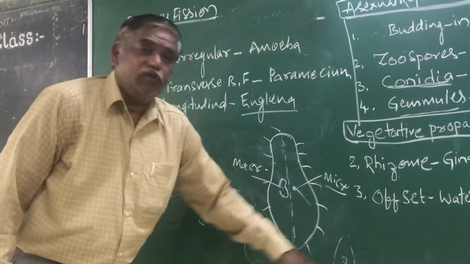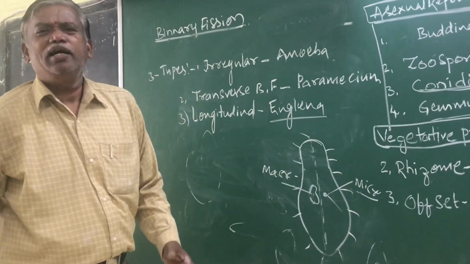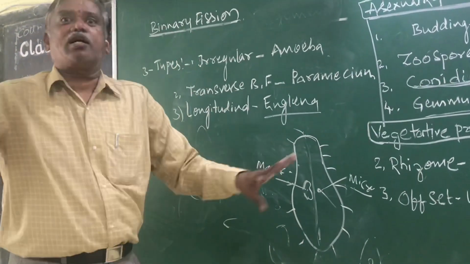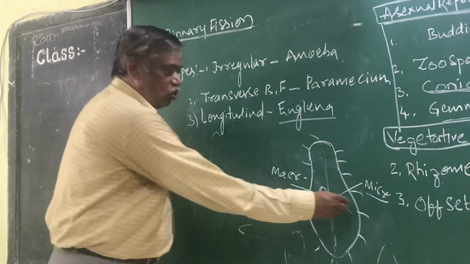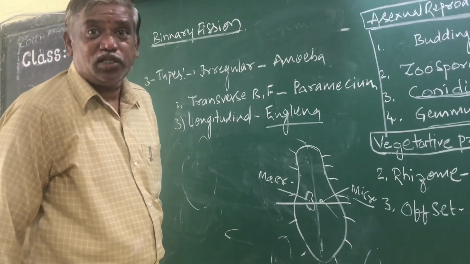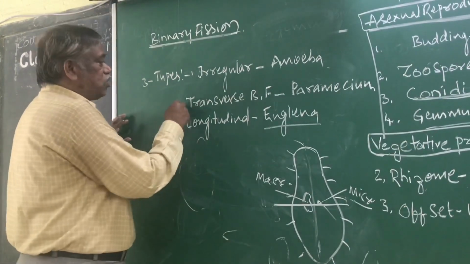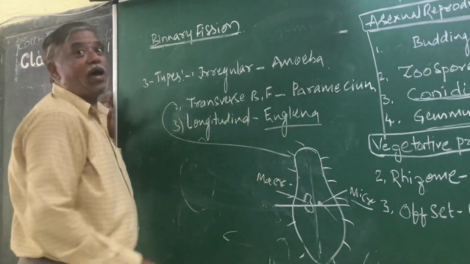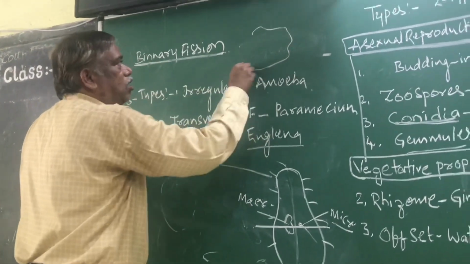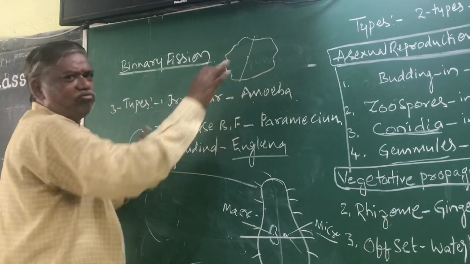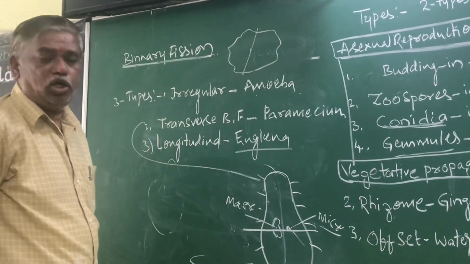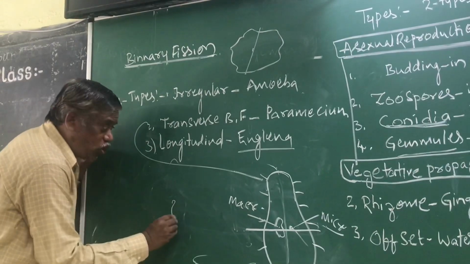So the two daughter individuals will immediately degenerate. Due to this, longitudinal binary fission does not occur. It undergoes transverse binary fission. So the example of transverse binary fission is paramecium. And amoeba is irregular; there is no particular angle. Now come to Euglena. In Euglena, it is only longitudinal.